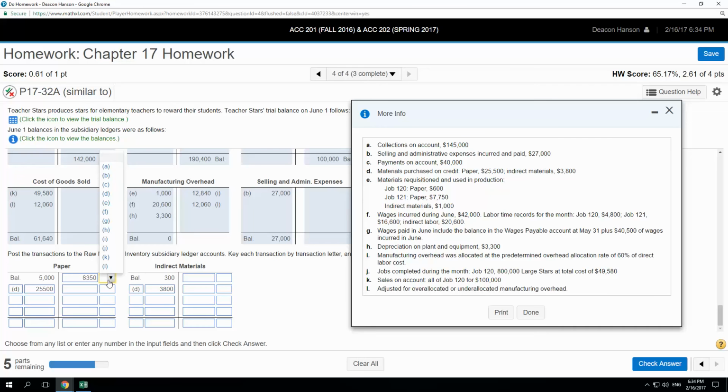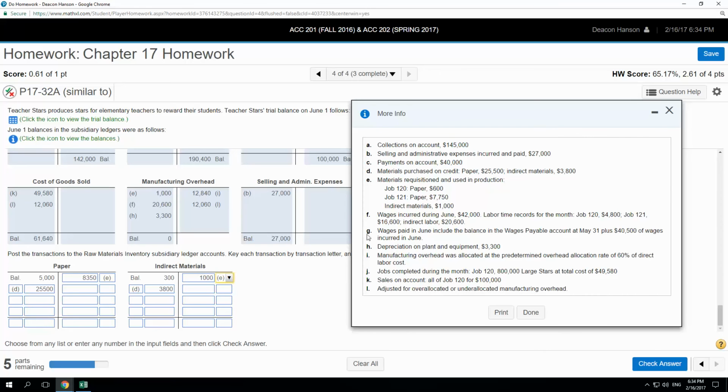So this is going to be item E. And then 1,000 is coming out of indirect material. And then it looks like nothing else happened to those raw materials.